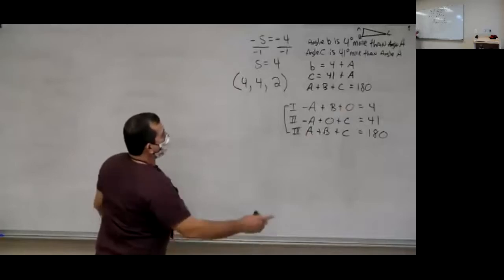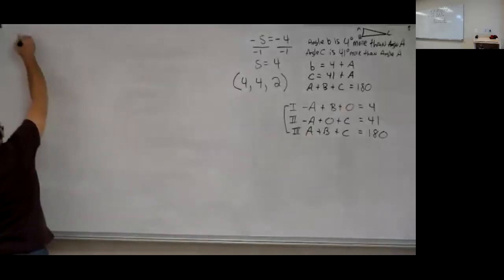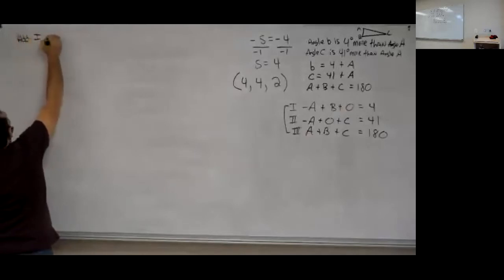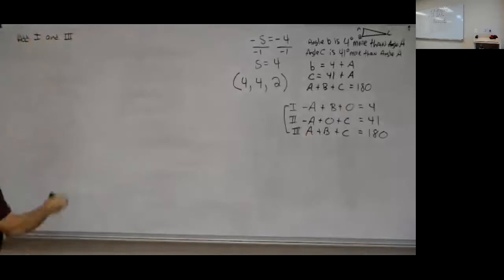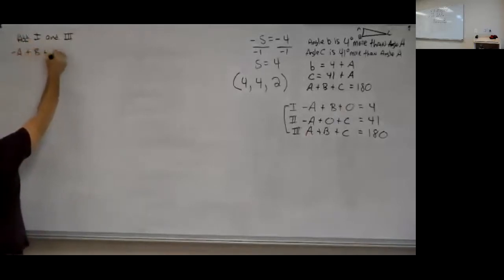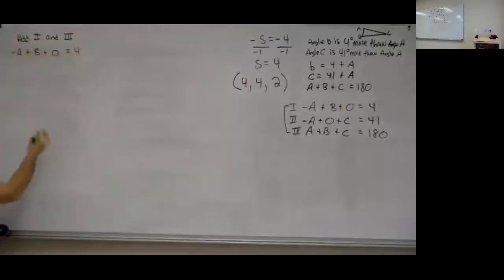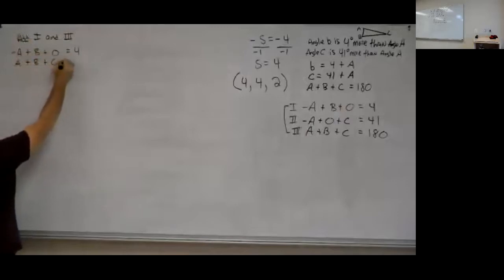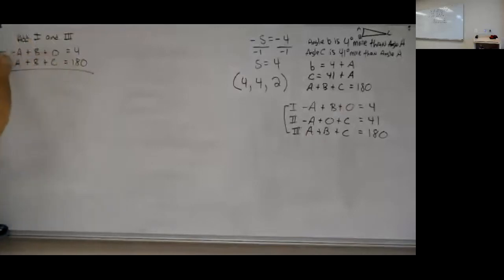So add 1 and 3. That's a negative A plus a B plus a 0 equals 4. And then 3 was A plus B plus C equals 180.